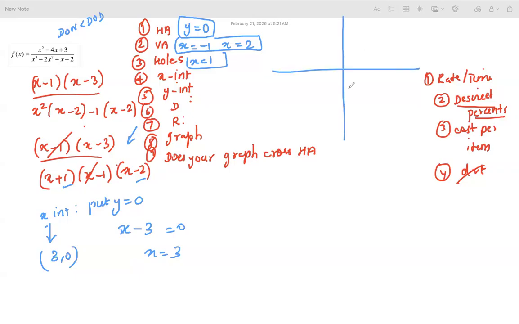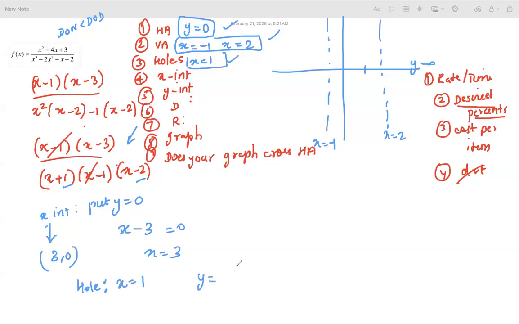Let me put this graph. This is the vertical asymptotes, minus 1 and 2. Rishit, did you change that? Abhay, did you get that? So vertical asymptote I showed, holes is at x equal to 1. How do we find the hole at x equal to 1? Substitute x equal to 1.